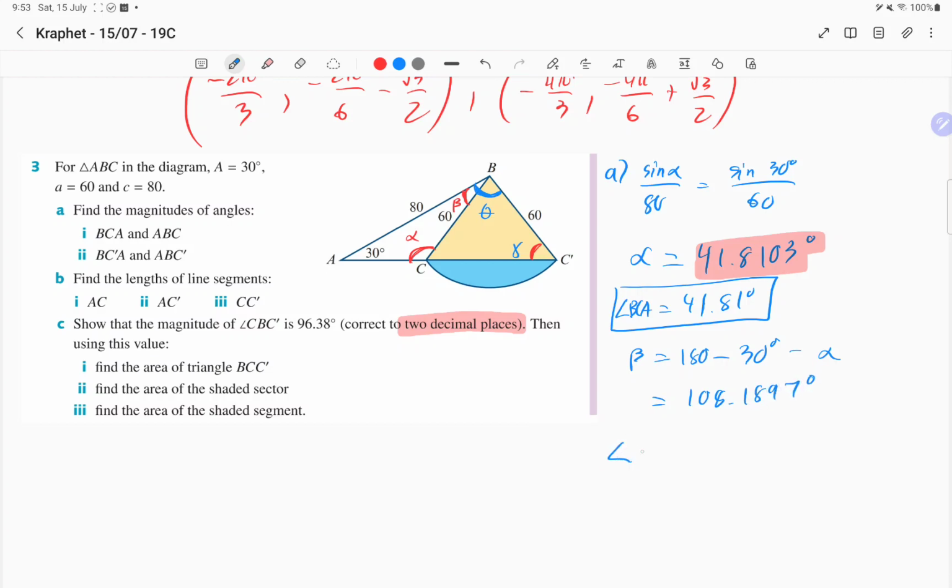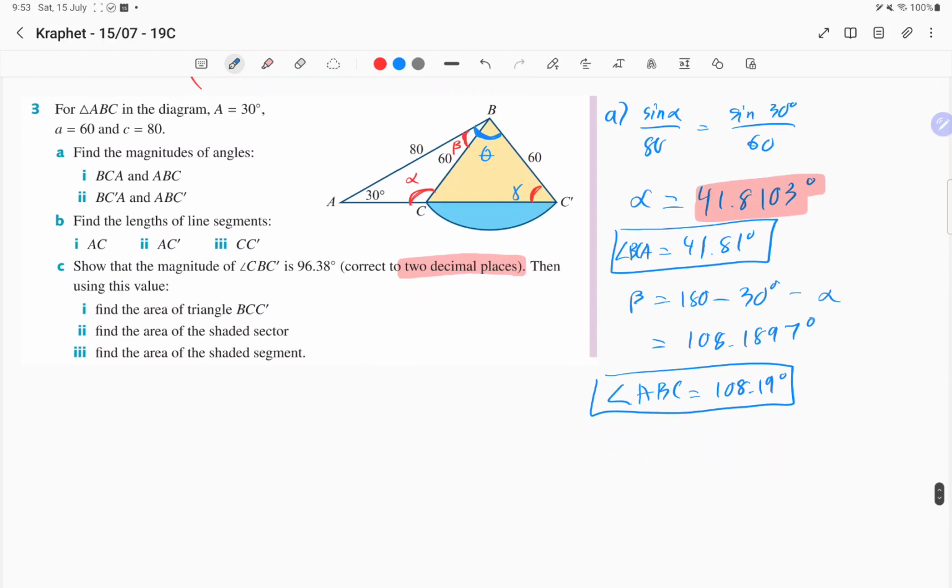Then you conclude, therefore, the angle ABC equals 108.19 degrees. Most of the time, if they say 2 decimal places, the answer sheet will have 2 decimal places, and they check every single digit. But you have to use the more decimal places, which is why you always write 2 versions: the more precise one and the one specified by the question. So that's question A1.